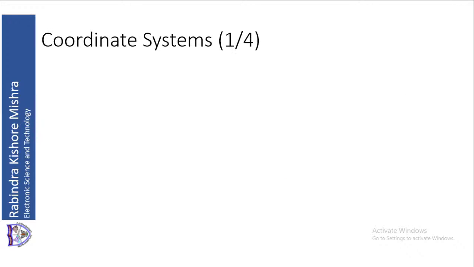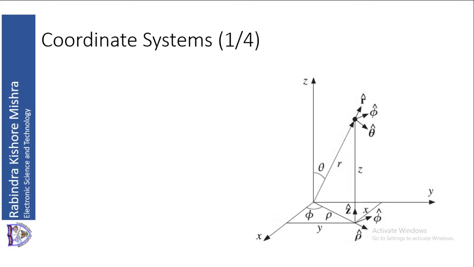Now let us refresh what we have learned about the coordinate system earlier. Look at this. We have a Cartesian coordinate system, x, y and z. X, y is in the horizontal plane, z is perpendicular to this plane. We have a point. The vector joining the origin to the point is r, the position vector of the point.